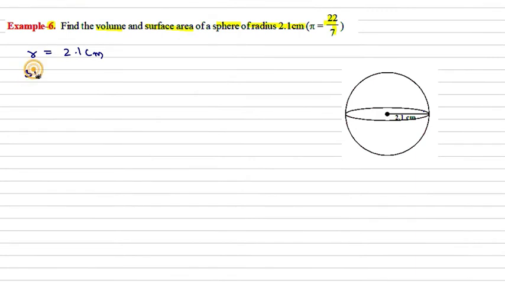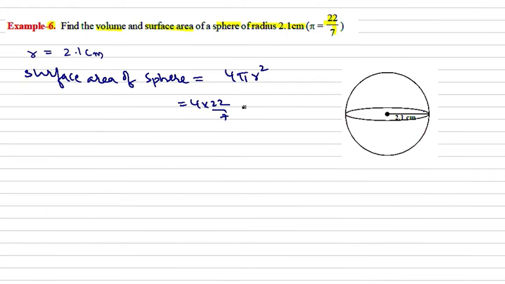So surface area of sphere is equal to 4 pi r square. So 4 into 22 by 7 into radius 2.1 centimeter square. So which is equal to 4 into 22 by 7 into 2.1 centimeter into 2.1 centimeter.